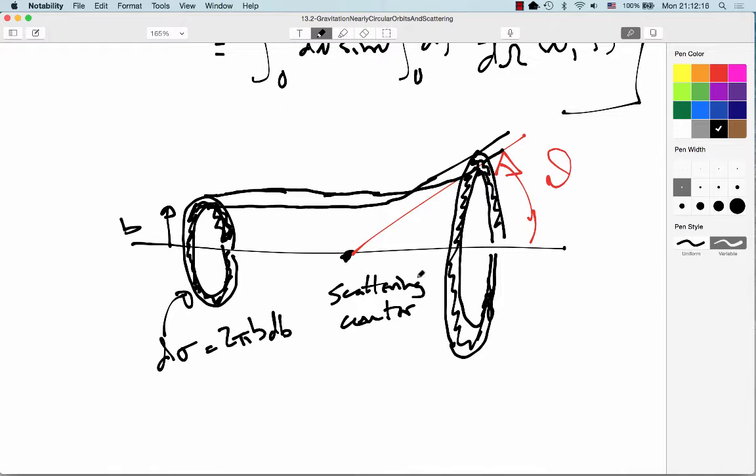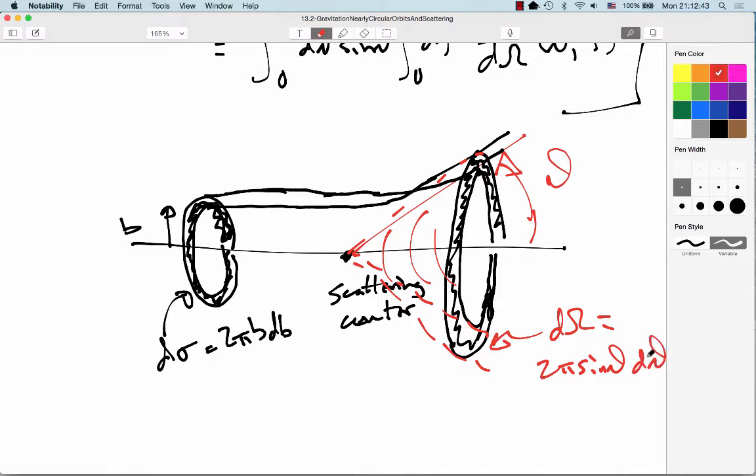Now, when I exit here, I am exiting out in some kind of funky differential of solid angle. I'm trying to do this in 3D as a volume of revolution. So this d omega here, you can work out, that's going to be 2 pi sine theta d theta.